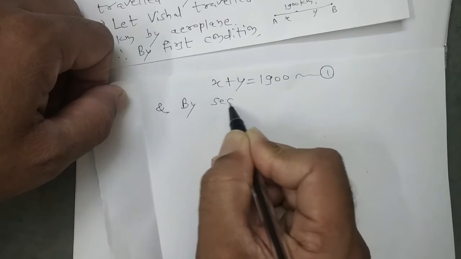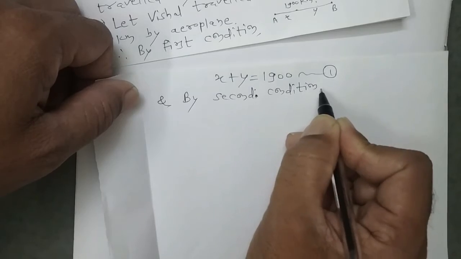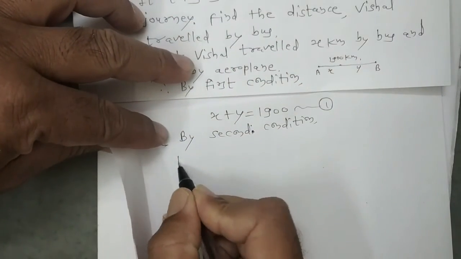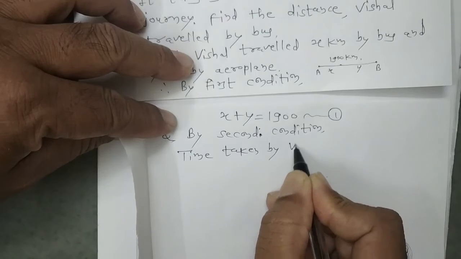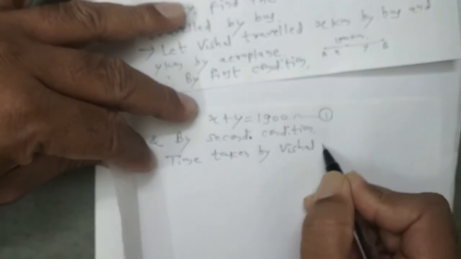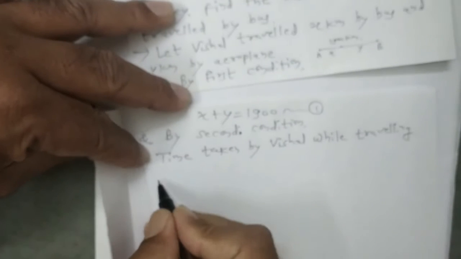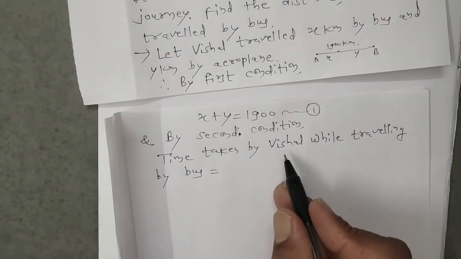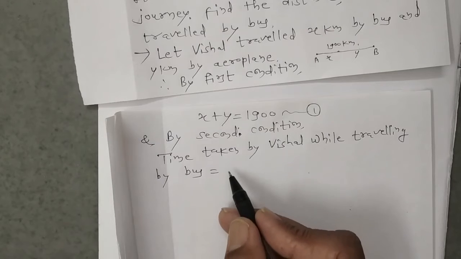And by the second condition, now the time taken by Vishal while traveling by bus: we know the formula, time is equal to distance upon speed.